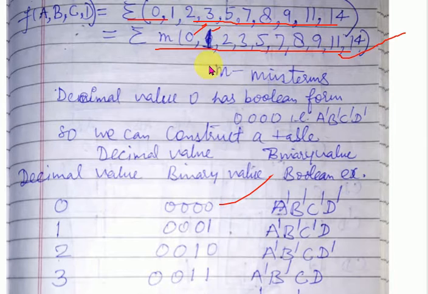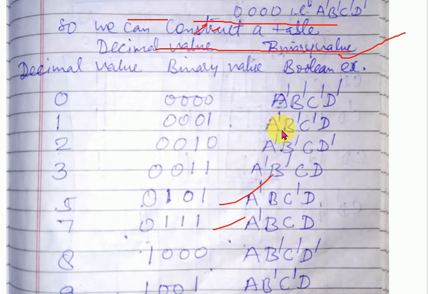Similarly 1 can be represented in the binary string as 0 0 0 1. So in terms of min terms it can be written as a dash, for second 0 b dash, for third 0 c dash, for fourth 1 d.